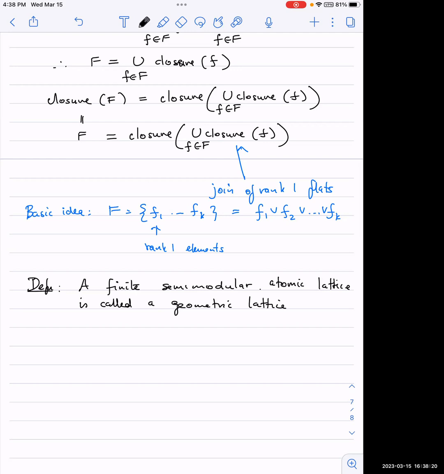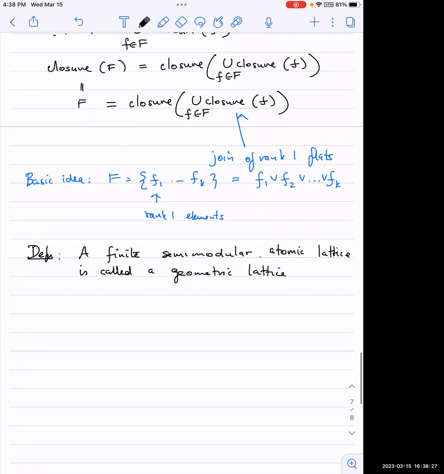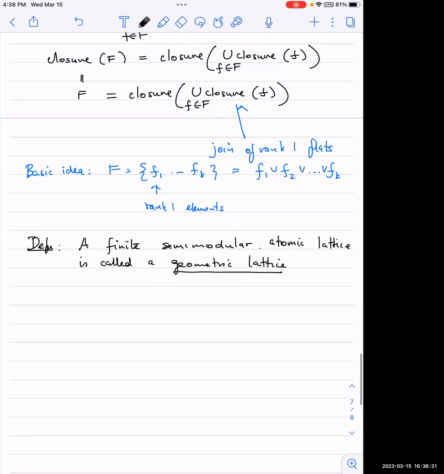And that's a great name because this is what matroids are. They're combinatorial geometry. So calling this a geometric lattice is really a great name. And Birkhoff did this, I think, about a year after Whitney's paper came out.